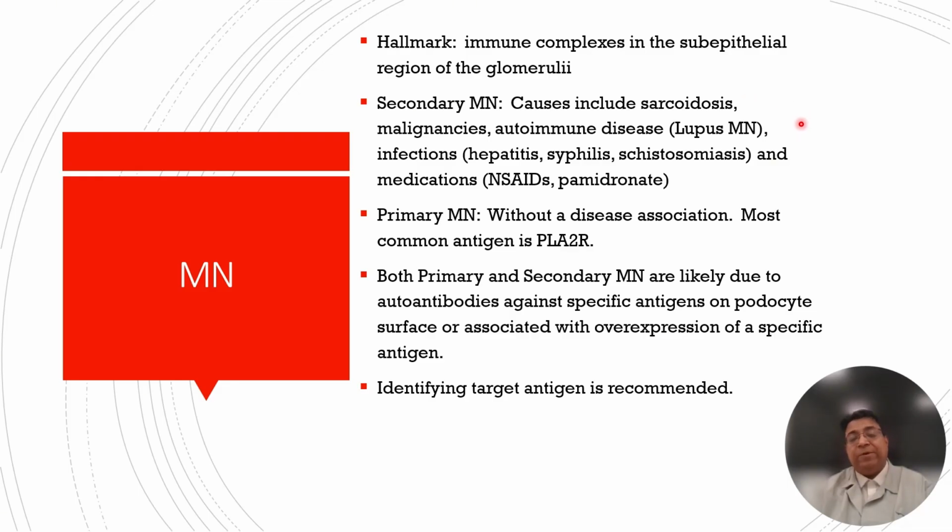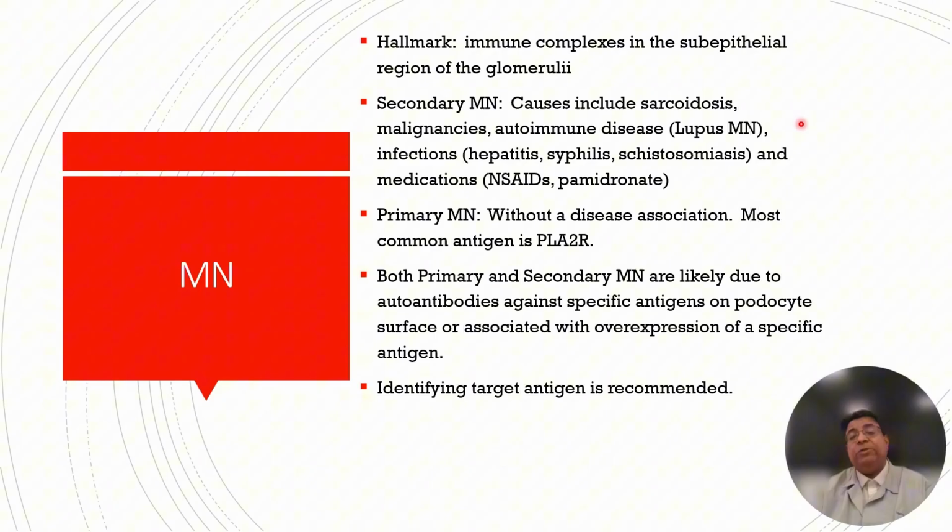Anybody with membranous nephropathy should have age-appropriate cancer screening, and if they have symptoms like pain, those symptoms should be investigated. Sometimes imaging the area of the pain has been conducive in finding a cancerous process in that region.